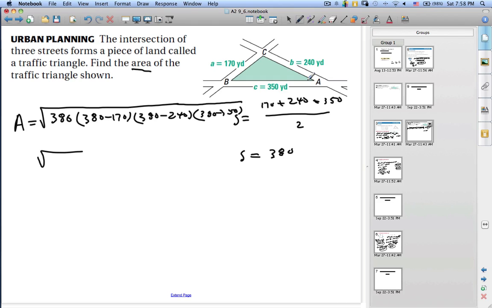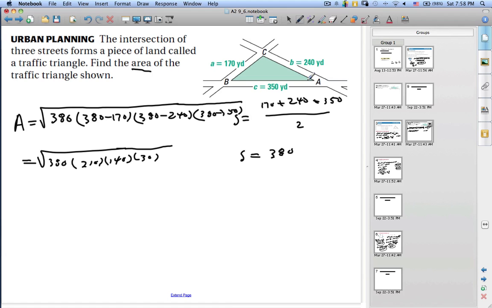Okay, and when I start simplifying this, I'll have 380 times 380 minus 170 is 210. 380 minus 240 is 140. And 380 minus 350 is just 30.